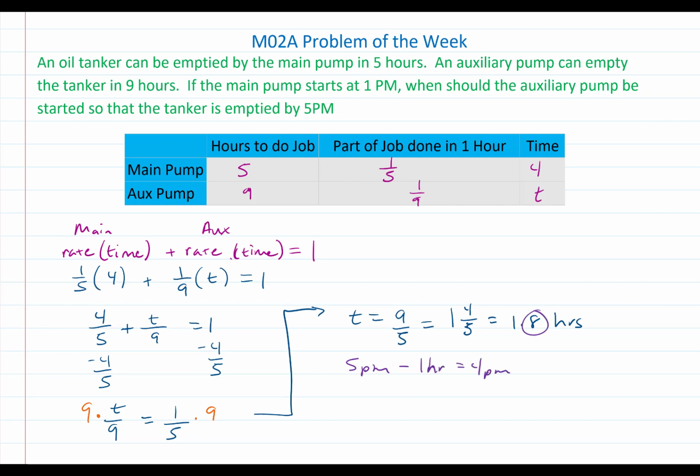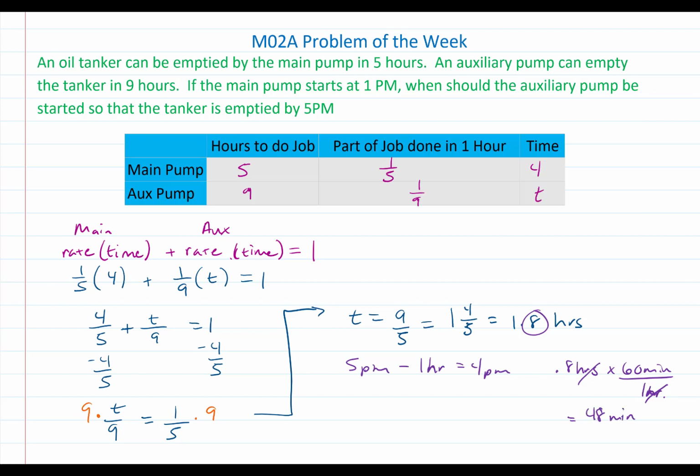Now I need to figure out how many minutes 0.8 hours is. So I'm going to take 0.8 hours times 60 minutes over 1 hour. Basically I'm converting this over to minutes, and so the hours units cancel out, and this is equal to 48 minutes.